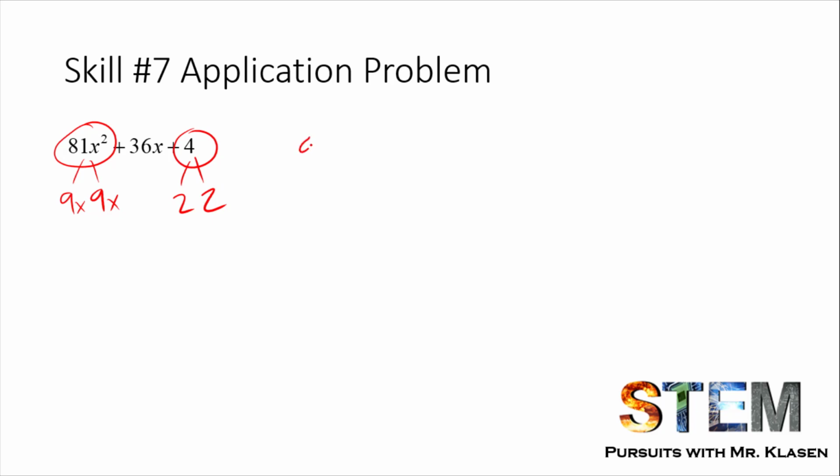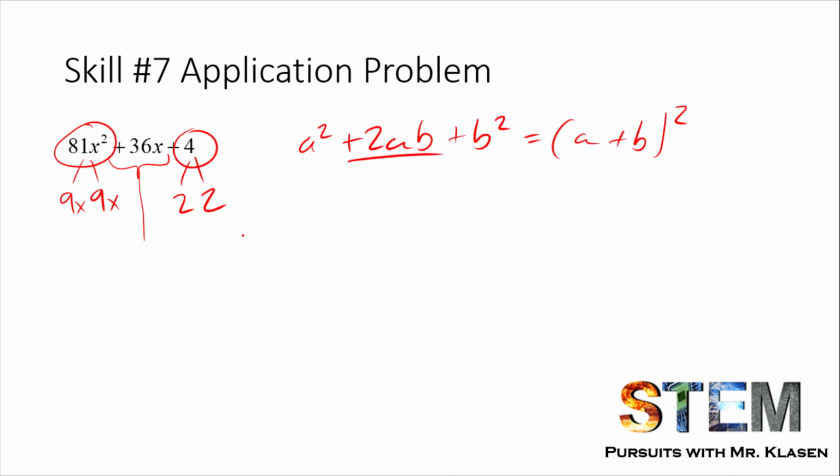And this is going to fit into the a squared plus 2ab plus b squared format, which is equal to a plus b squared. And again, you can't just plug it in and say we're done. What I would encourage you to do in this situation is check it. I really encourage you to check it. All we need to do is check this 2ab and see if it fits this quadratic. We're going to go 2 times 9x times 2.